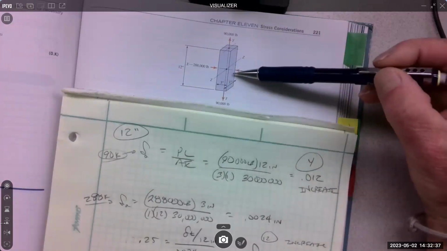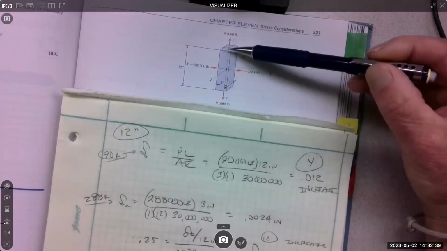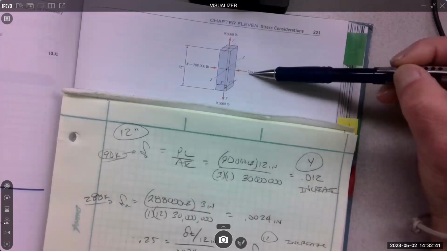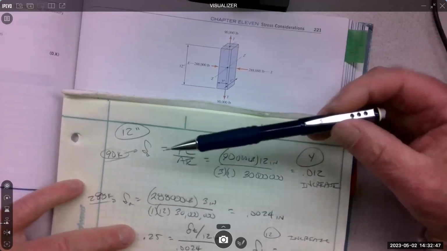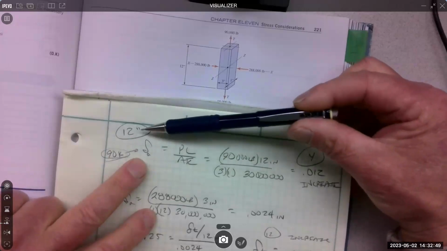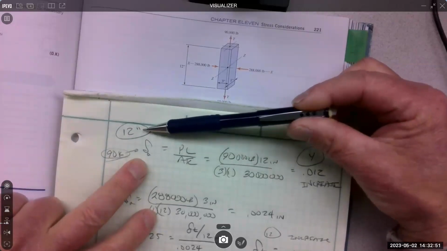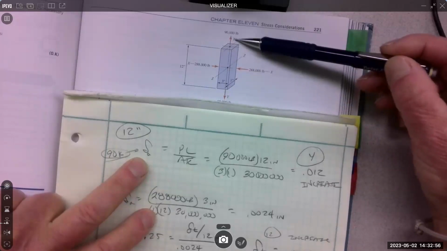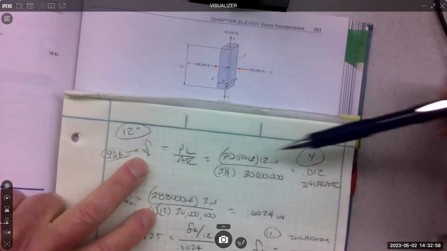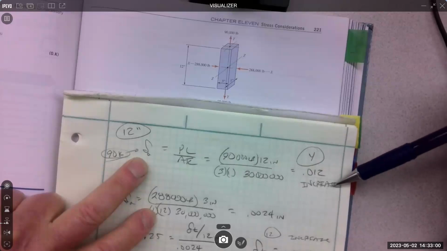But then to get the dimensional change of this 12 inches from the other load, I have to use Poisson's ratio and deal with the transverse. So I did the first part, and I noted that I'm thinking about the 12 inches, or the y-axis as they've defined it. I have both notations here, and then I'm noting the increase.